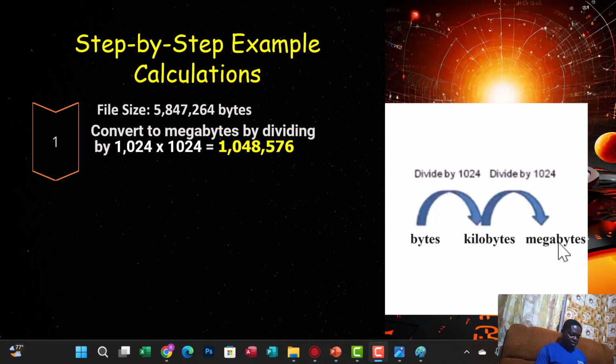That's why you have to multiply 1024 by another 1024 to get this. Then we can go ahead with our division.